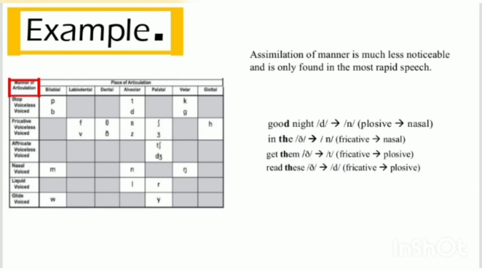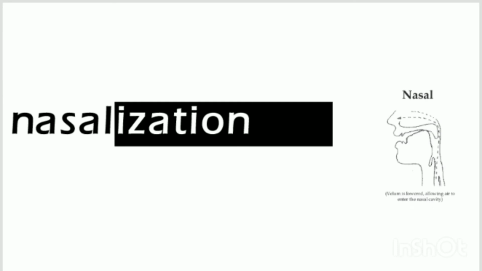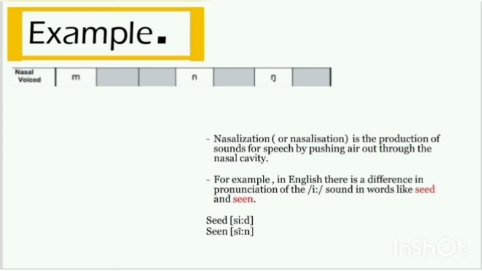Whereas regressive assimilation is when the last sound of the first word is a plosive that becomes a fricative or nasal. Nasalization is the production of the sound for speech by pushing air out through the nasal cavity. For example, in English there is a difference in pronunciation of the long E sound in the words sit and sin.